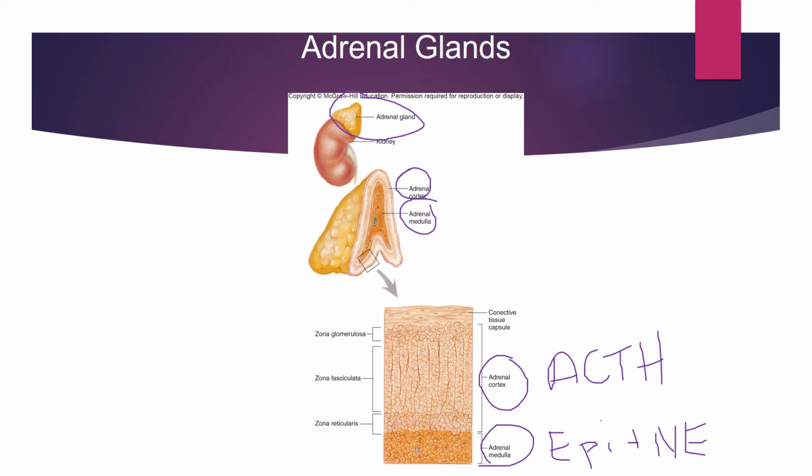Within that, we find three different layers of the adrenal cortex, which are the zona glomerulosa, the zona fasciculata, and the zona reticularis, all of which will produce their own hormones that are important for some type of regulation.